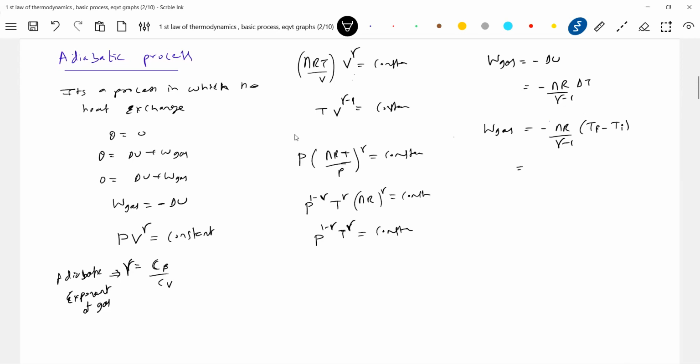So this can also be written as nR by gamma minus 1 times (Ti minus Tf). nR Ti and nR Tf, divided by gamma minus 1. What is nR Ti? We can write it as Pi Vi. Anybody want to replace here?